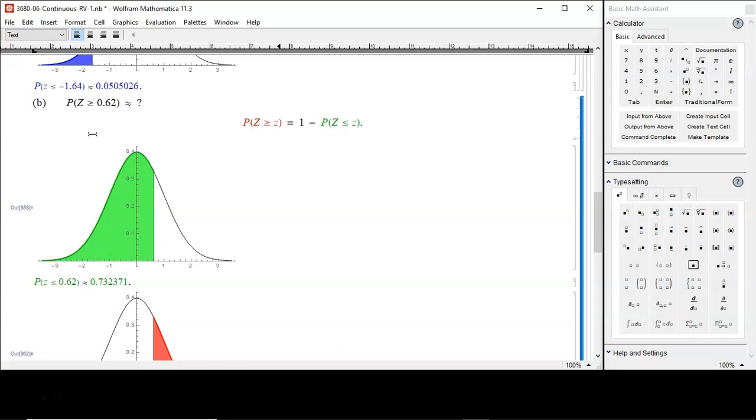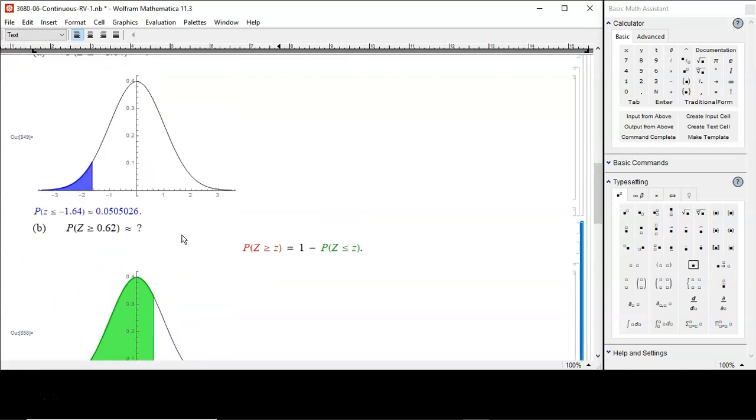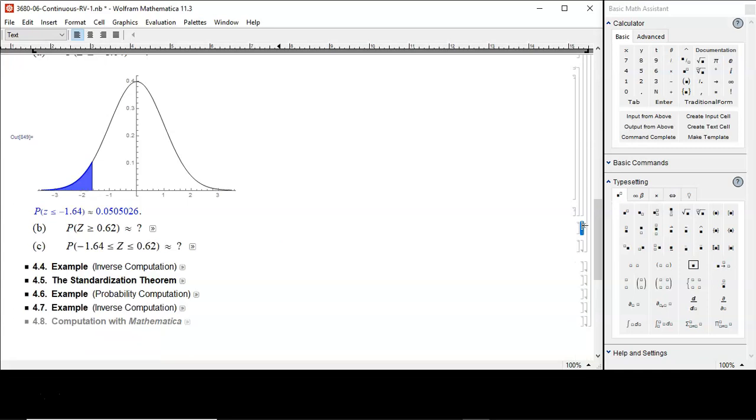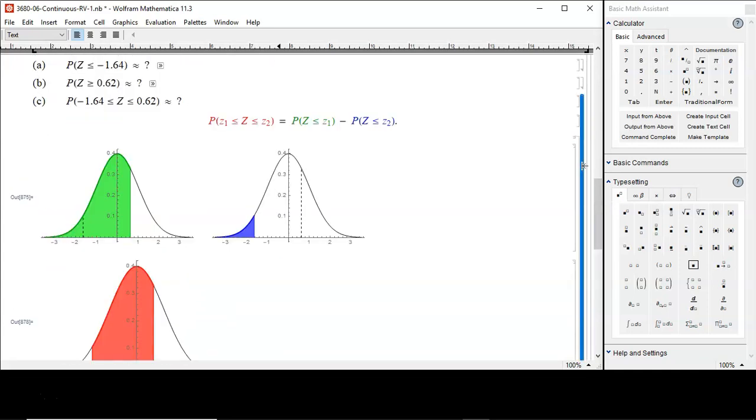Now, what if you have to get z greater? Then you don't get this number directly out of the table, because if you do that, you're going to get this CDF, left-hand side shading. What you want is right-hand side shading, so you have to do 1 minus of that. And then what if you do between these two?